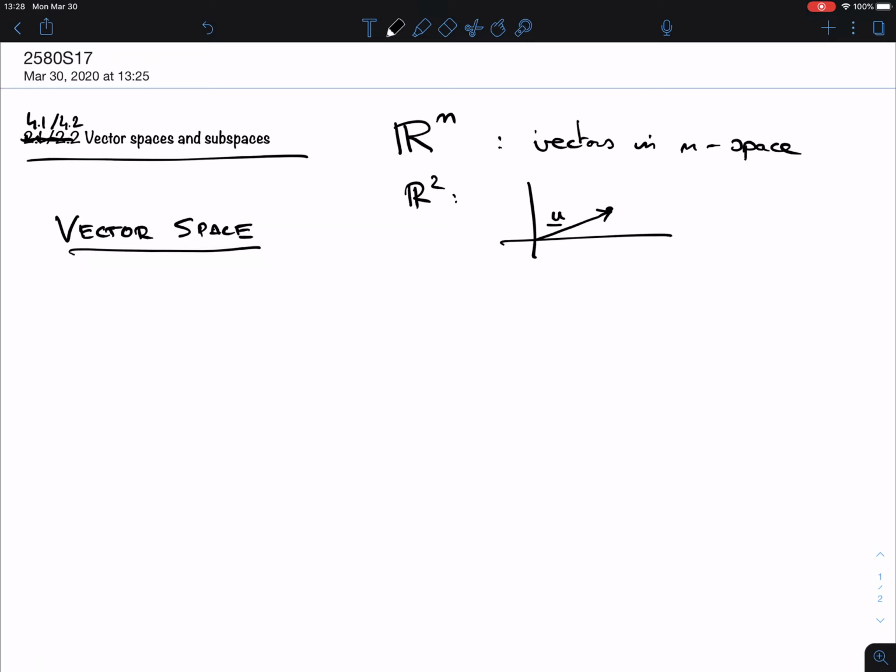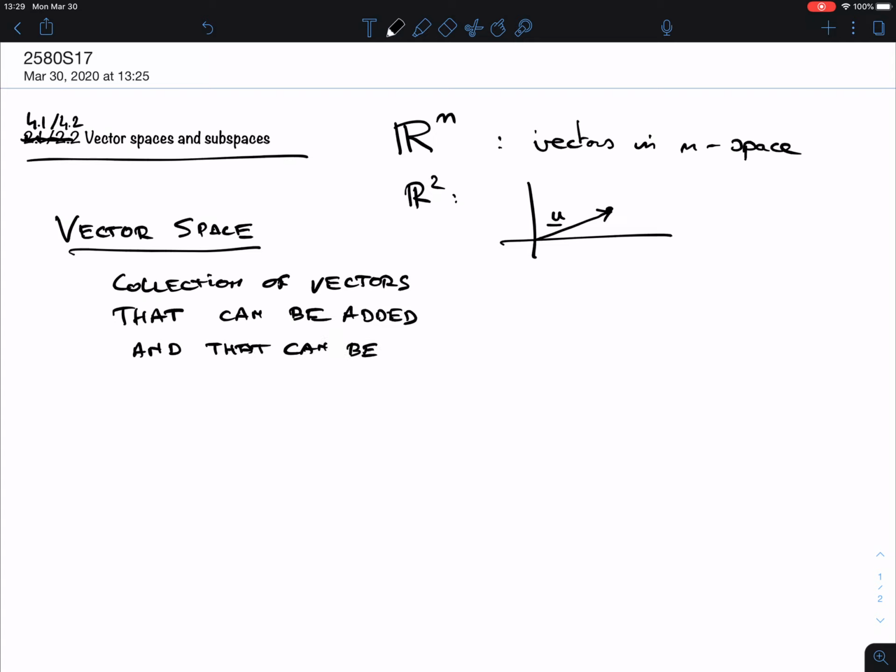A vector space is a collection of objects that we call vectors, and there's two things we can do: they can be added, we can add the vectors, and they can be multiplied by a scalar.